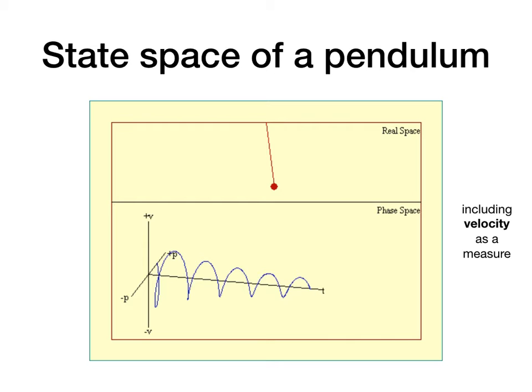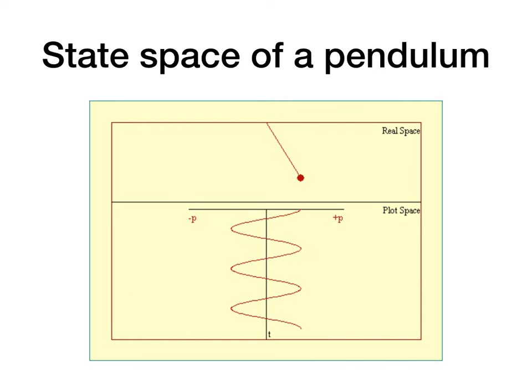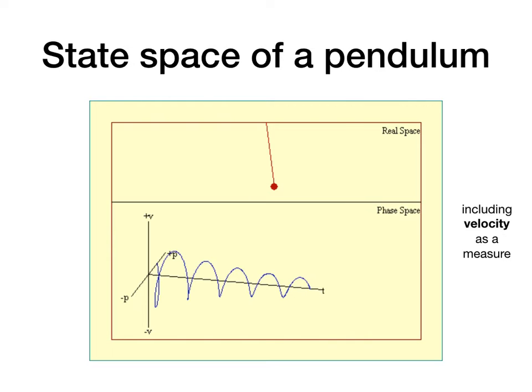Left to right is still the pendulum's position. It's hard to imagine, but if we go back, you see the negative p to plus p and then over time. That graph has been laid down, so the t is still there, but now we're also calculating what the velocity is like. And we're seeing, again, this very predictable pattern of the state space.